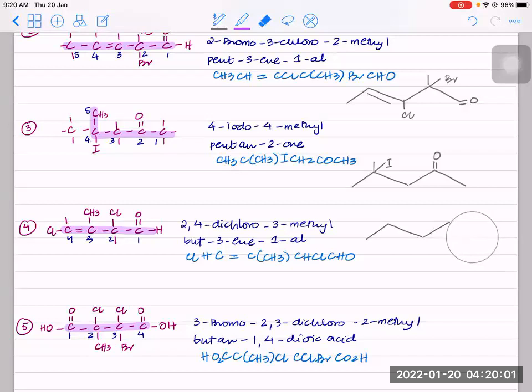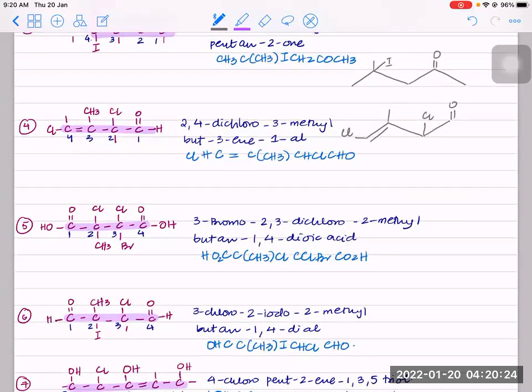So I'm erasing this. These are four carbons. Right here you have a double bond. Right here we have a Cl, right? Then here we have a CH3. We have another Cl over here and a double bond O over here. Clear?